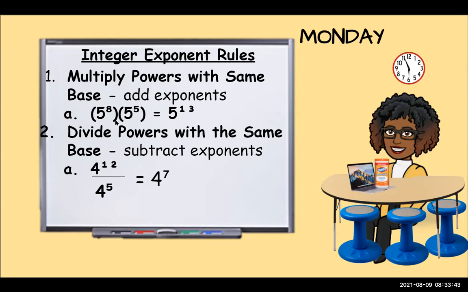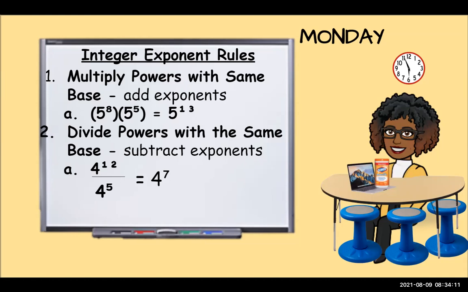What else would they use to identify multiplication? The little dot and then the X. So make sure we know how to identify multiplication. So anytime we see the same base, just remember, add those exponents. 8 plus 5 gives us 13. Just that simple. These are the types of problems they're not going to ask you to solve. They just want to know if you can simplify it, or in other words, change it from 2 to just 1.